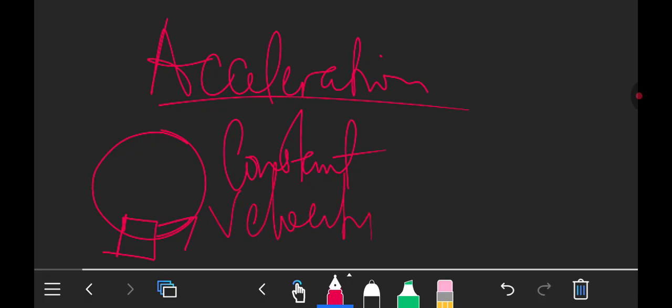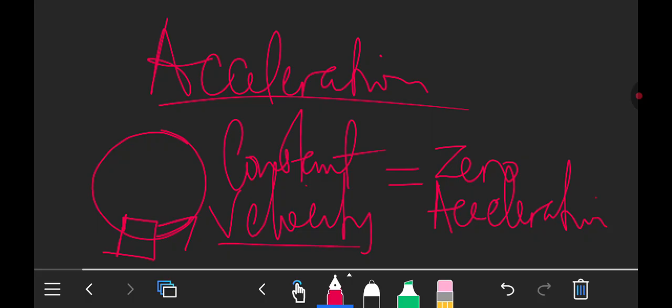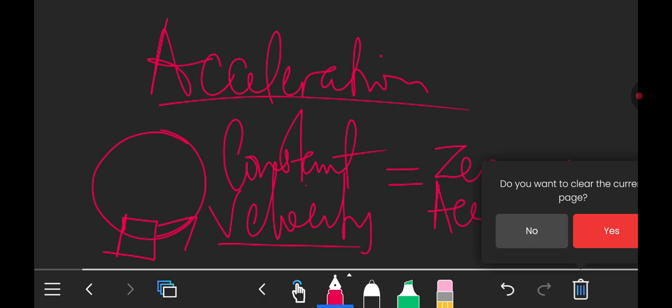What does it mean? At constant velocity, what you need to understand is that there is zero acceleration. So always, at constant velocity, there is zero acceleration. We use this concept when answering questions on this topic. So it's very important for us to understand.